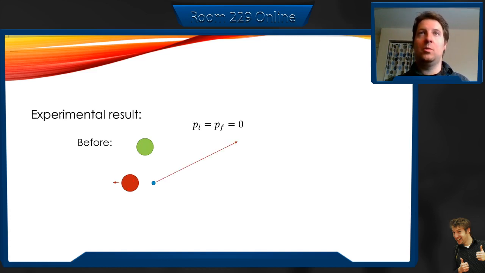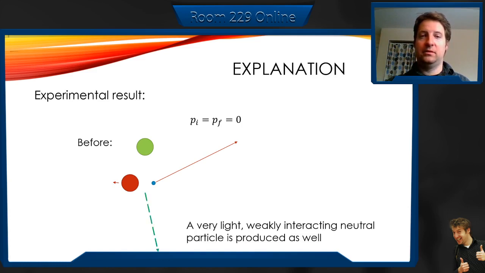However, what was actually observed was that the electron whizzes away, but because we know that conservation of momentum has to be true, there has to be an invisible sort of particle that we can't see. At this point, we're talking about the 1930s here. This is Wolfgang Pauli.